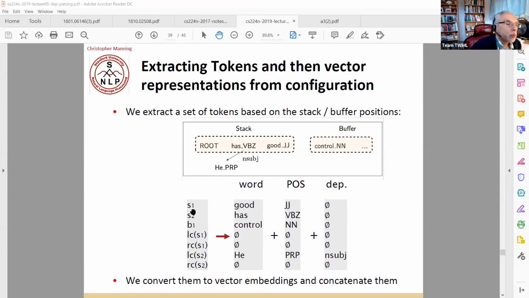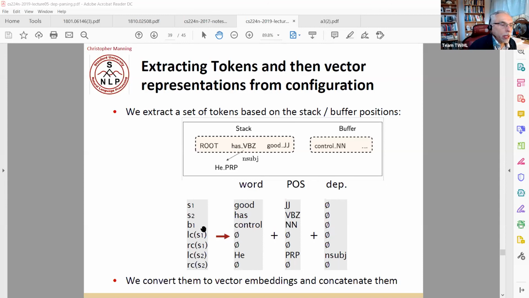Okay, and then I think S1 is the first word in the stack, so that's good. And S2 is the second word in the stack, and that's this one, has. And I think what they're showing here is the concatenation of the word with its part of speech, and there's no dependency, so there's nothing that comes as the third element.